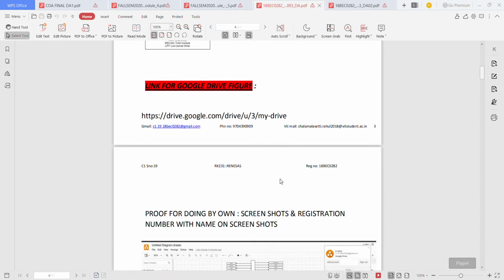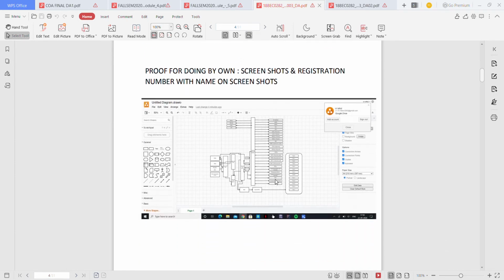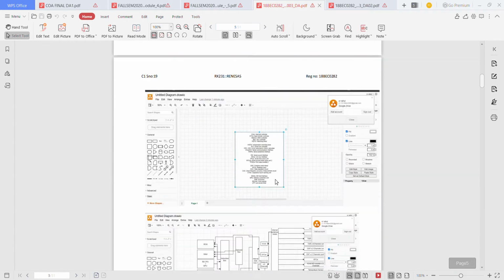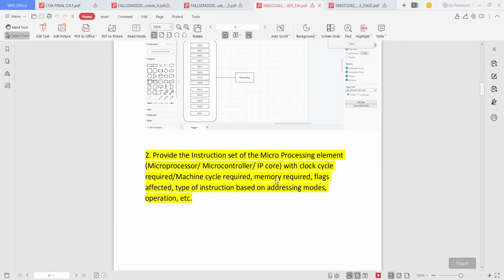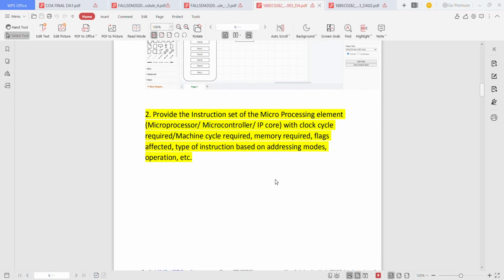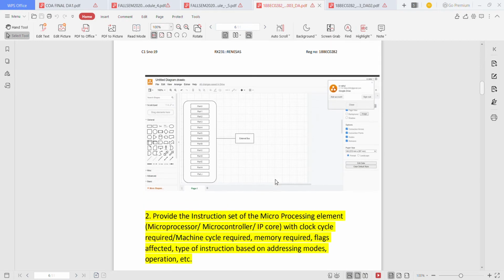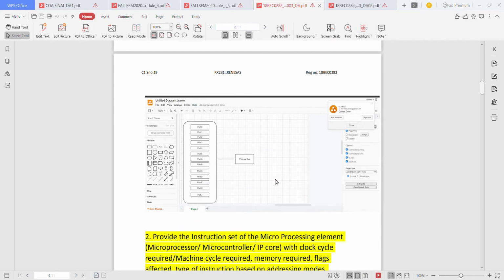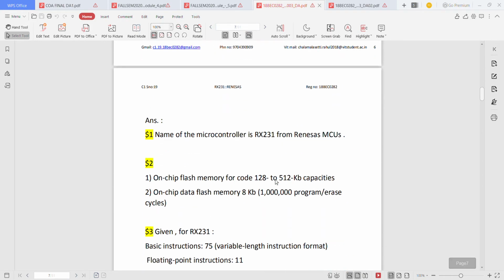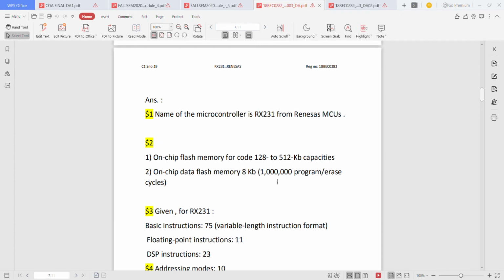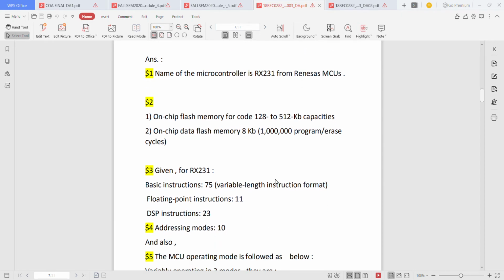And the next thing is about the instruction set of the microprocessor, the RENESAS RX231. Here is the instruction set.